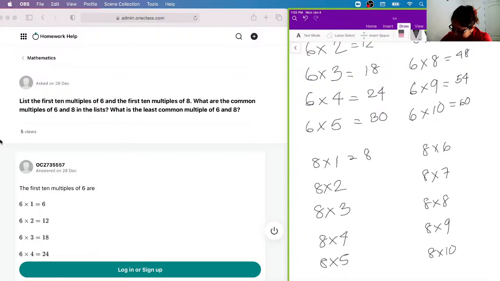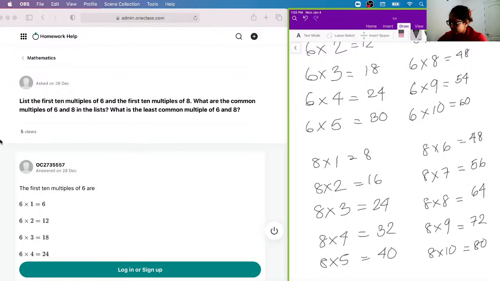This is 8, 16, 24, 32, 40, 48, 56, 64, 72, and then you have 80.